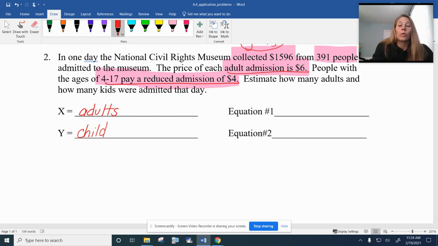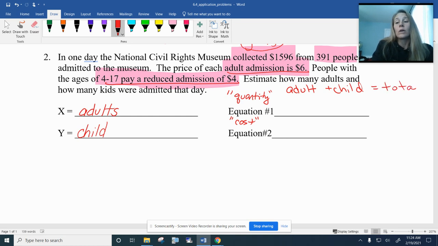Now again, we have two equations we need to come up with. So we have quantity, so that's going to be how many tickets were sold, and then we have the cost factor. So let's do this in terms of quantity. How many adult tickets were sold?